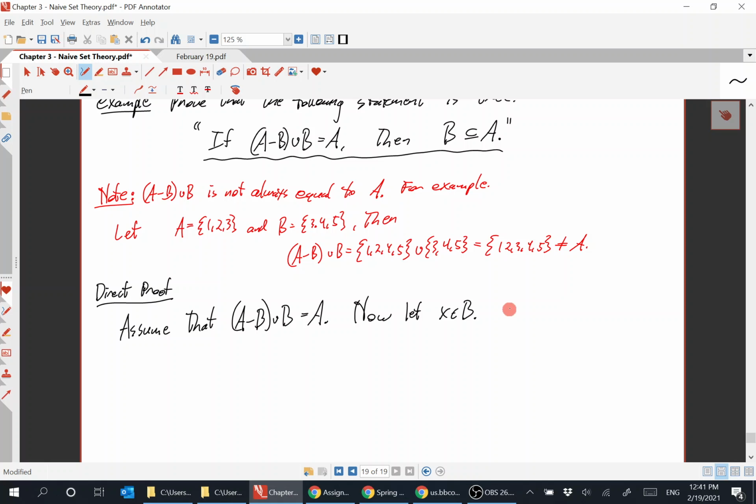So because x is in B, what set does it belong to? Does it belong to this set?